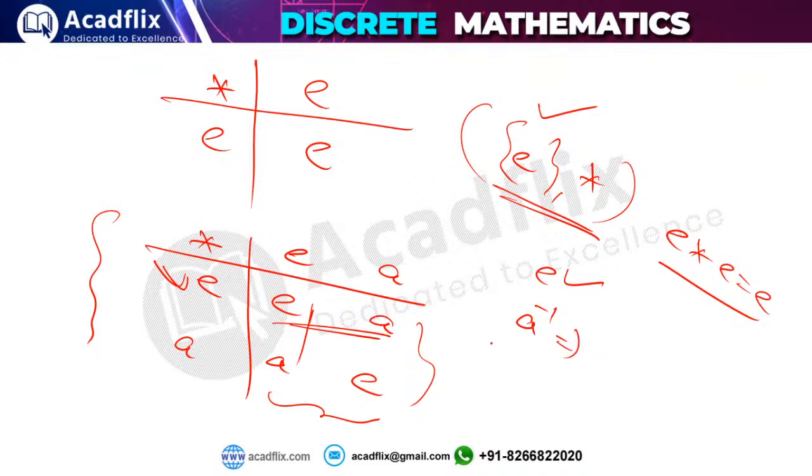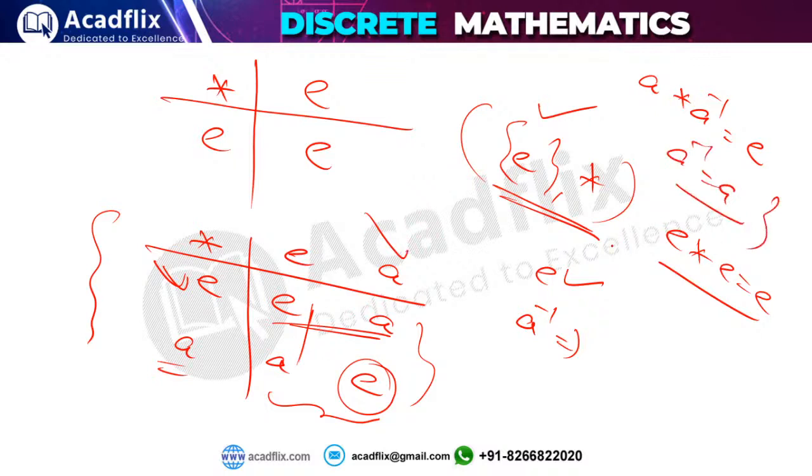Let's try to find the inverse of A. A star its inverse should be equal to E. Just check what is happening. So the inverse of A here is equal to A. So this is how you can see this is a group. It is associative, and all these properties are satisfied.